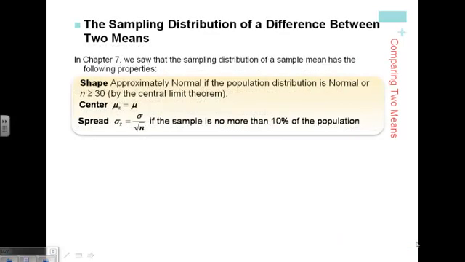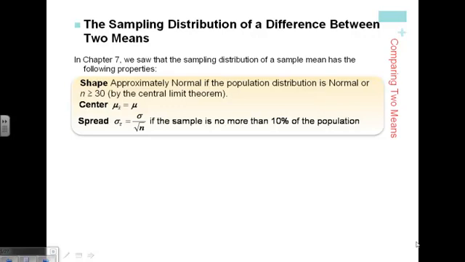We're going to use some things back from Chapter 7, just some reminders. A reminder that whenever we pull samples out of a distribution that's already normal, that distribution of sample means will also be normal.